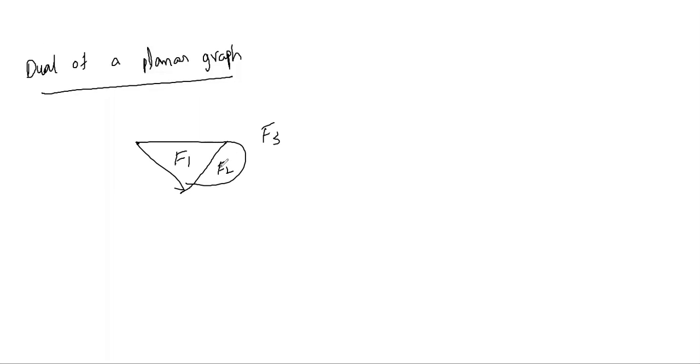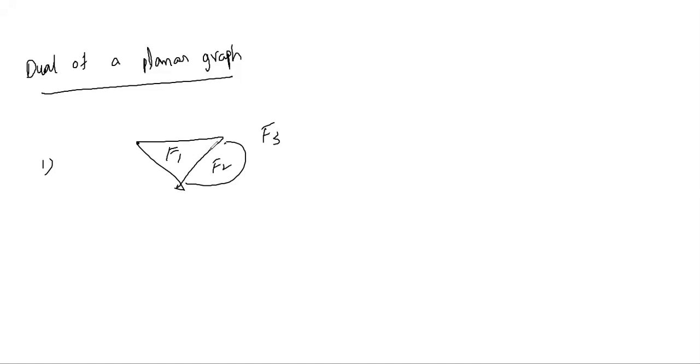Listen carefully, the first condition. This is one graph, regions are F1, F2, and outside is 3.